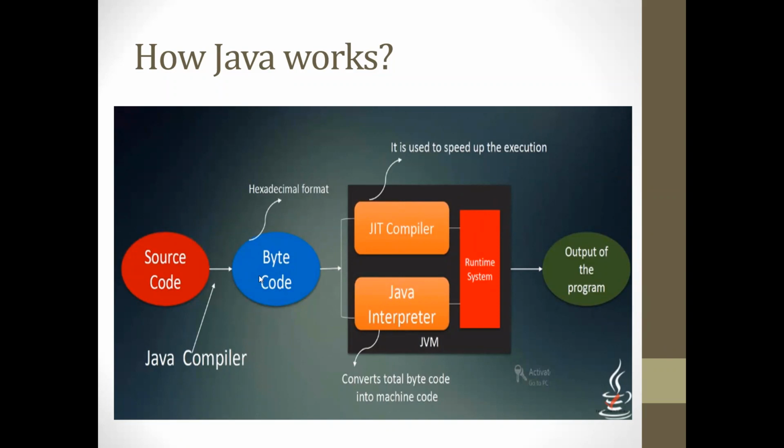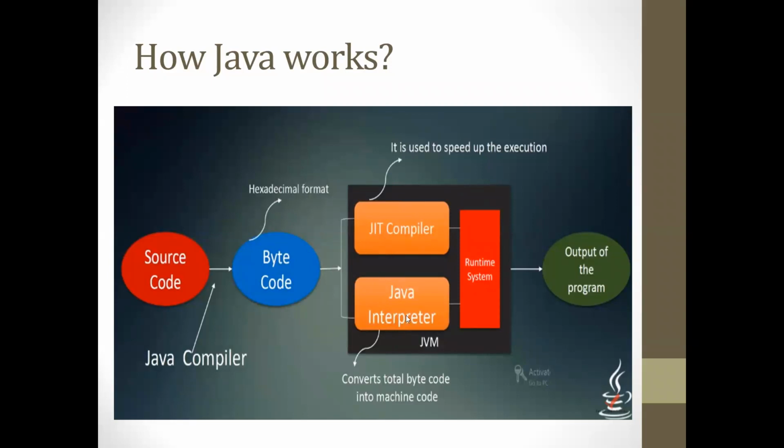Basically, this bytecode is like an assembly language, like add A, B, subtract. And this bytecode is transferred to the JVM, which includes the Java interpreter and the JIT compiler.